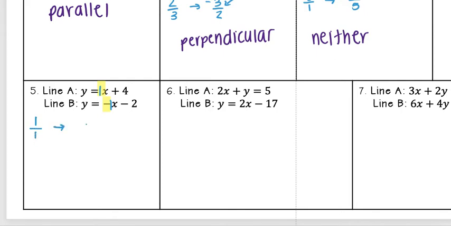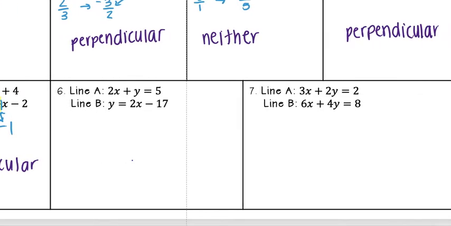Then when I flip that, I still just have 1/1. And then if I take the opposite sign, this positive becomes a -1. Well, -1 divided by 1 is just -1, and so those two match. That means this one is perpendicular, because my slopes are opposite reciprocals of each other.